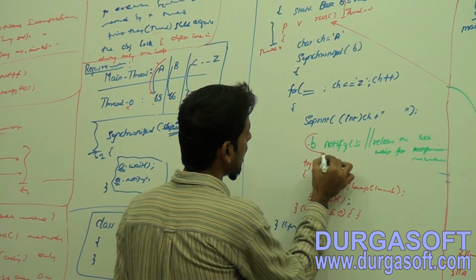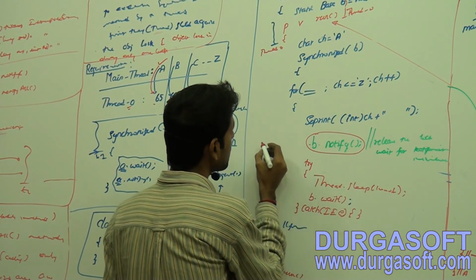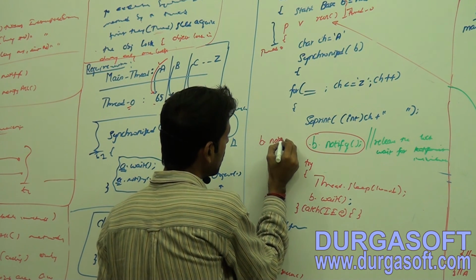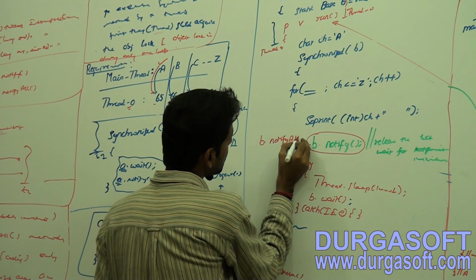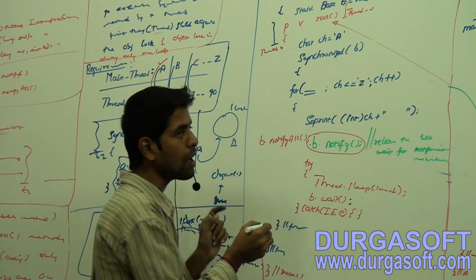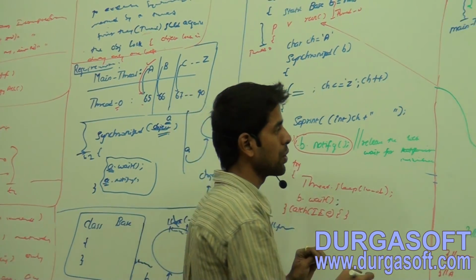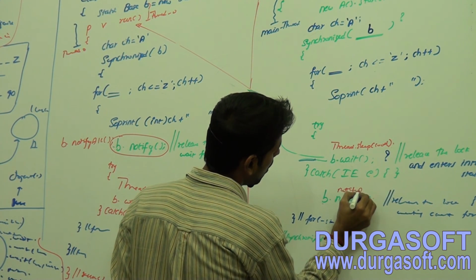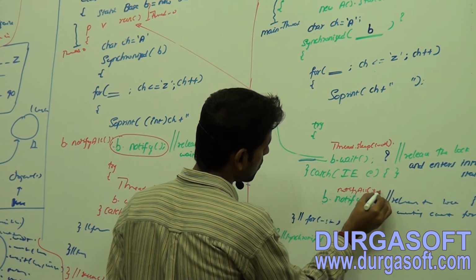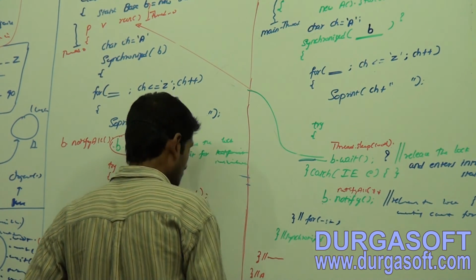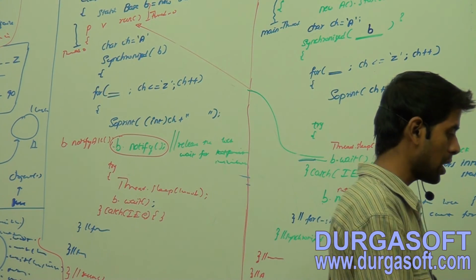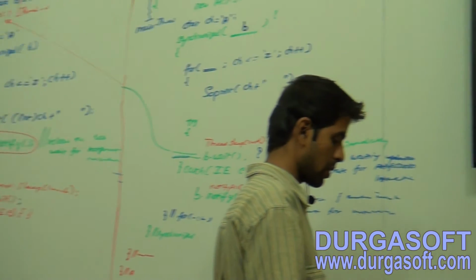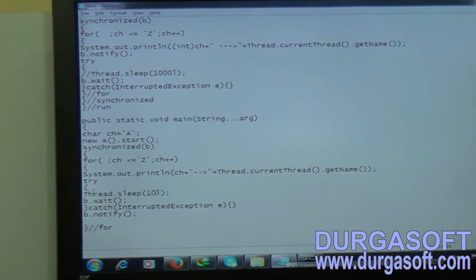Both have the same meaning, but the notify method will give intimation to only one thread which is waiting for the update. Instead of notify, you can put notifyAll also, and it will compile successfully. Let me run that one. Let me comment this thread method, or else let me put this one just for 100.